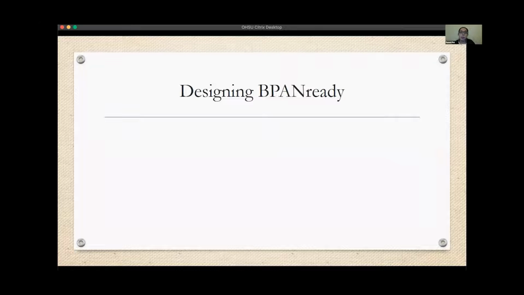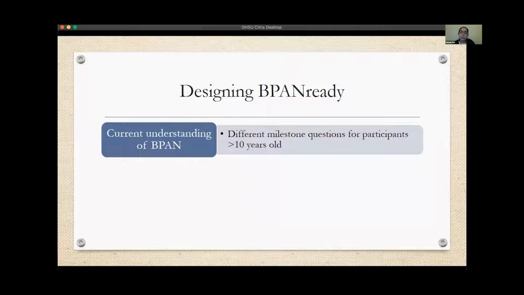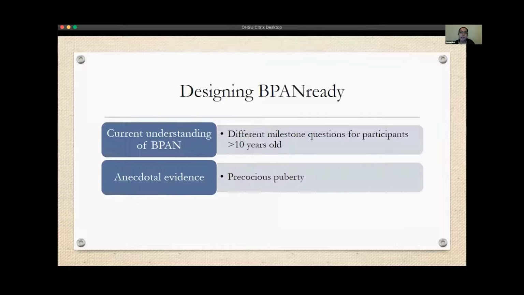And so when we were designing this study, we used a few different pieces of evidence to develop our questions. The first was what we currently know about BPAN. And one of the most important things is the difference in symptoms that occur in children who are younger versus adults with BPAN. So we really wanted to make sure that the questions we designed were specific to different age groups. And next is anecdotal evidence.